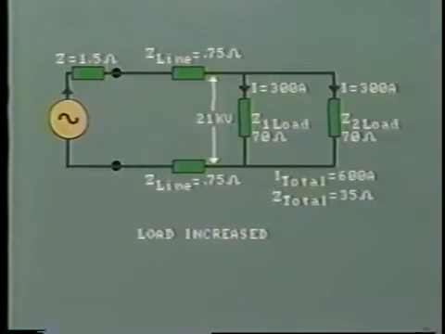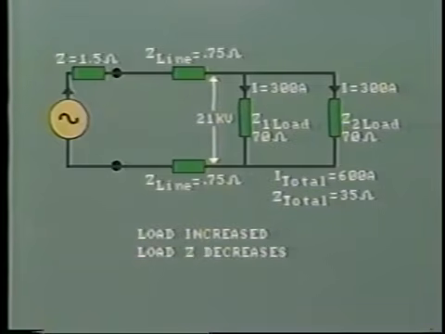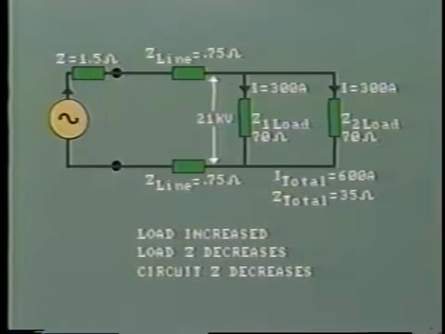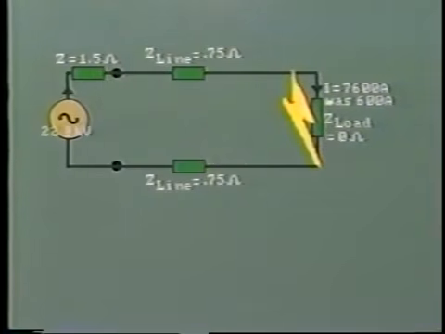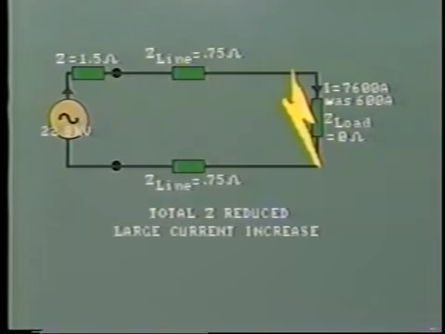First, note that an increase in load decreases the load impedance and therefore decreases the total circuit impedance. Secondly, as a result of the short circuit, the total impedance is greatly reduced, and the consequent increase in current circulating in the system is dramatic. In our example, it has increased by approximately 13 times.